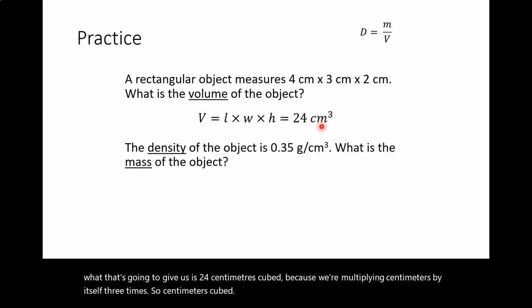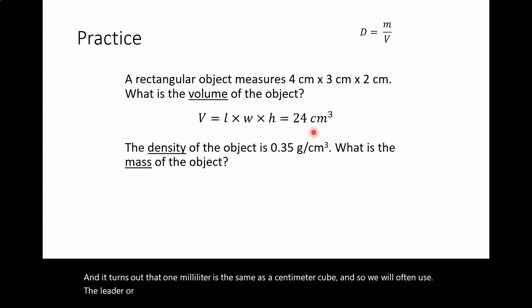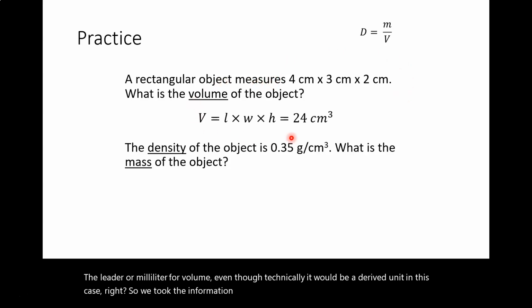And it turns out that 1 milliliter is the same as a centimeter cubed. So we will often use the liter or milliliter for volume, even though technically it would be a derived unit in this case, right?